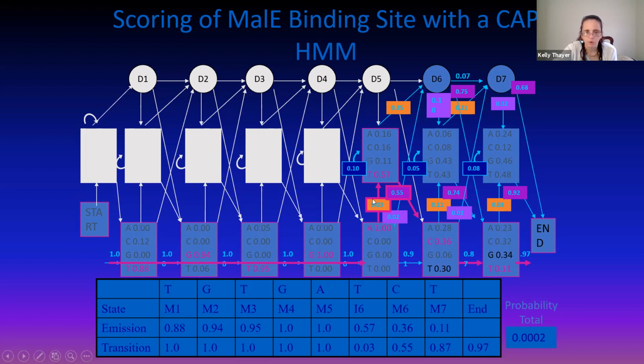So this is going to be the 0.3 and the 0.55 as we go up into that insert state and come back. And then the 0.87 is going to come from this right here, and then the probability to transition to N to stop the model, and so that's 0.97. So what we do is we simply multiply all of them together, and we get our score.